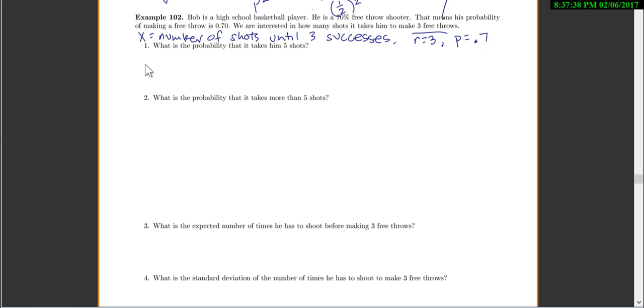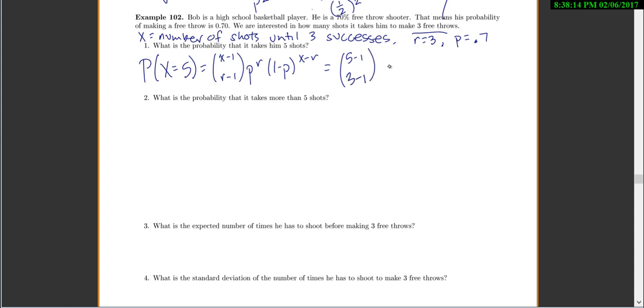So what's the probability that it takes him 5 shots? So the probability that x equals 5, we're going to plug it into our formula. Our formula is x minus 1 choose r minus 1 times p to the r times 1 minus p to the x minus r. Okay, so in our case, 5 shots, so x equals 5, is 5 minus 1 choose 3 minus 1.